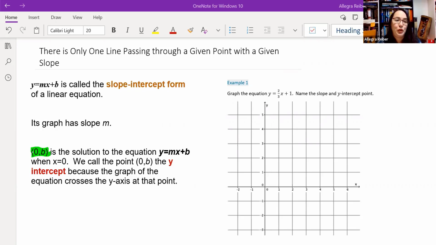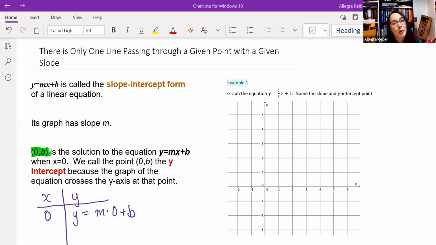If we substitute 0 for x in the equation y equals mx plus b, so say I'm building points on my line and I decide to find the y coordinate of the point that is a solution to the linear equation y equals mx plus b. So in that substitution, I would take y equals m times 0 plus b.